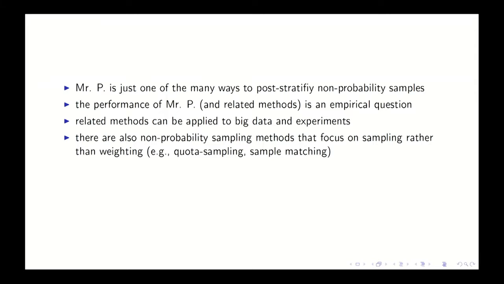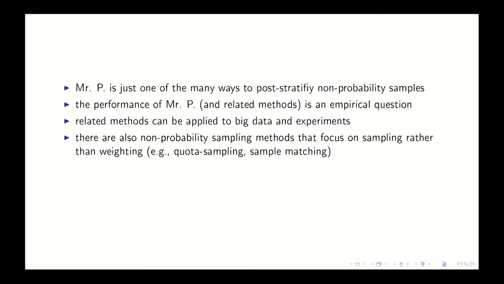There's a whole other set of non-probability sampling methods that I didn't talk about that focus on the sample rather than the weighting. One of the things that you might have been thinking is, Matt, it seems like what you're saying is, let's collect the junkiest data possible and then just fix it after the fact. And a good reaction to that argument is, that doesn't make sense. Let's try to collect better data, right? Why collect junky data and try to fix it? Why not just collect better data? There are a variety of techniques that focus more on trying to get the sample to be better.